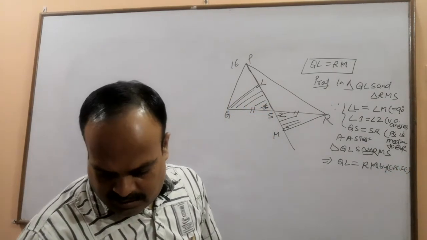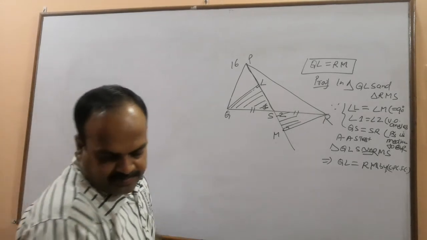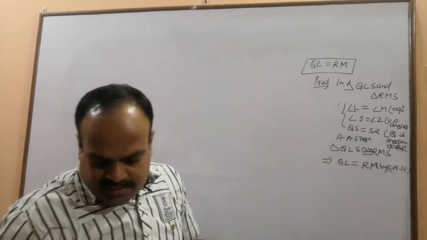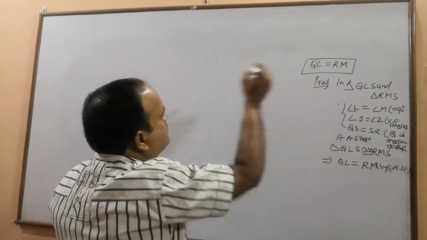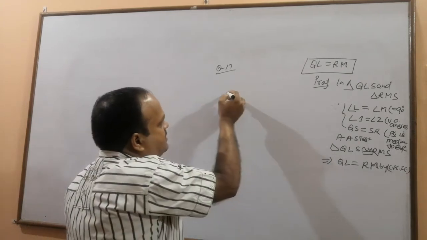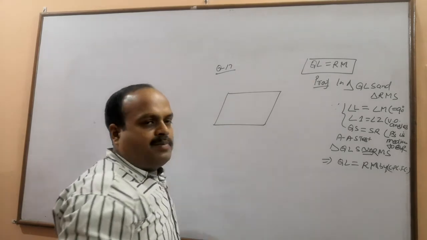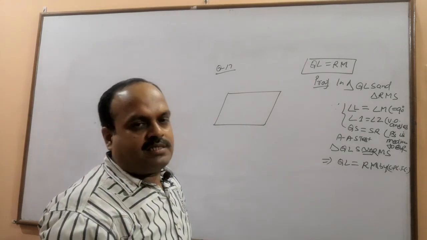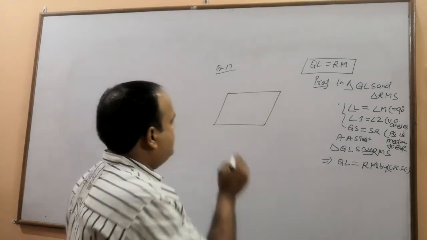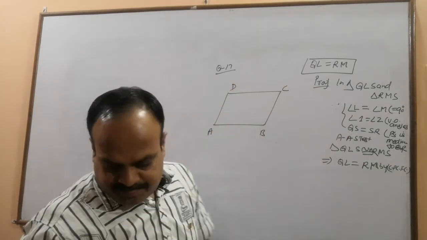Next question. Question number 17. This 17 has no diagram. ABCD is a parallelogram. Right. I hope you all know that in parallelogram opposite sides, both pairs of opposite sides are equal and parallel. So ABCD is parallelogram.